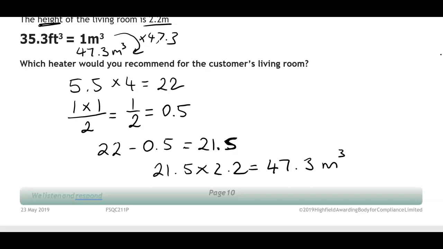So we're going to do the same on the other side. So multiply by 47.3. So we can do that in the calculator, and it gives us 1,669.69 cubic feet.